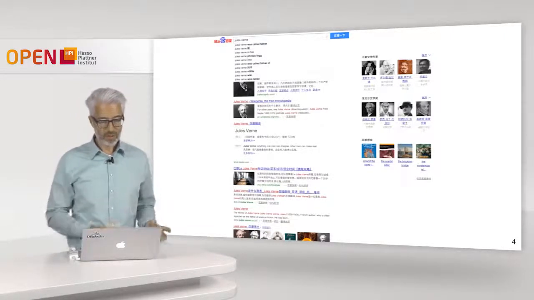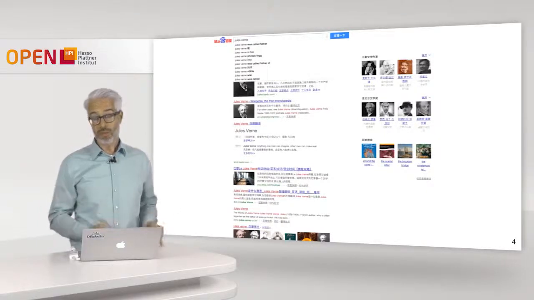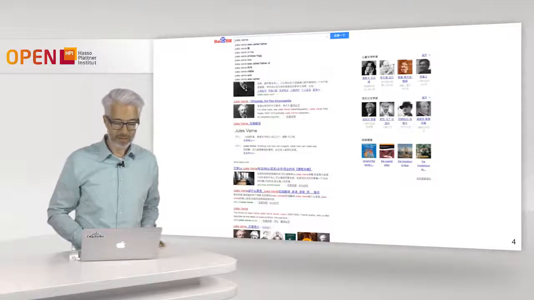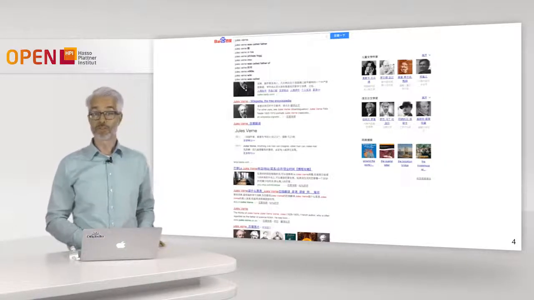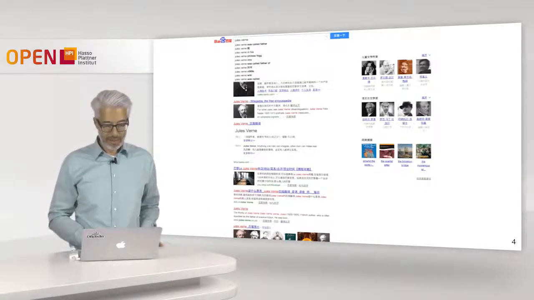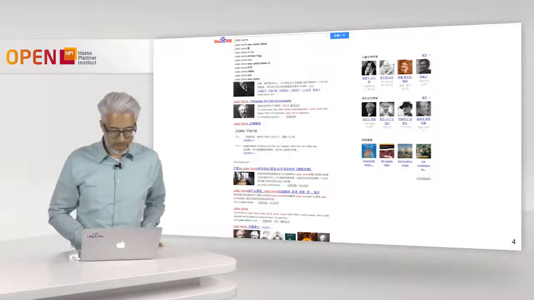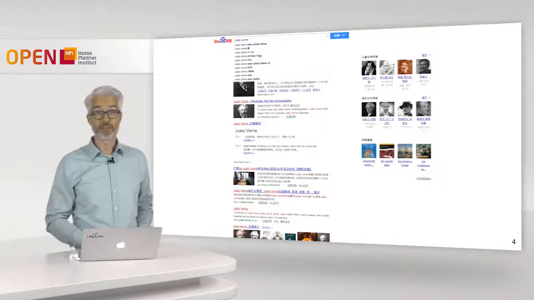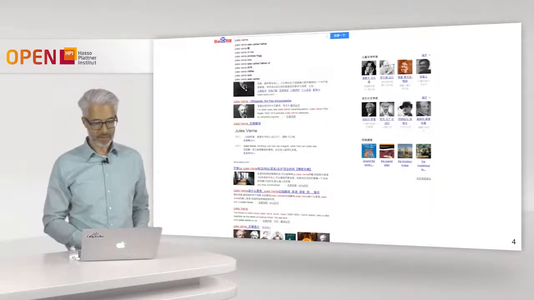For example, for Jules Verne, the most quoted query would be "Jules Verne was called father". That's interesting. Possibly he was called father of science fiction or something like that. It's also nice: Jules Verne Phileas Fogg, which I guess refers to one of his novels, Around the World in 80 Days.